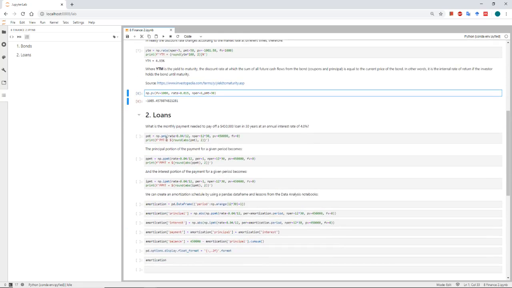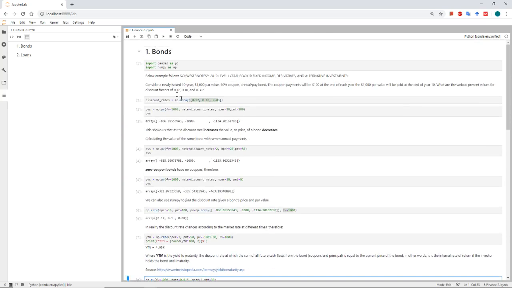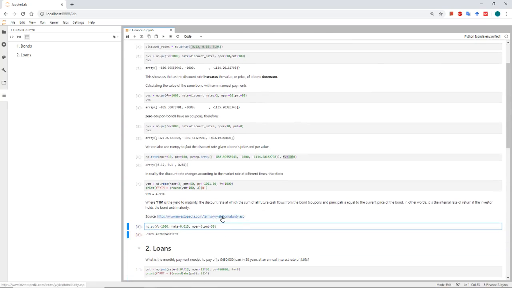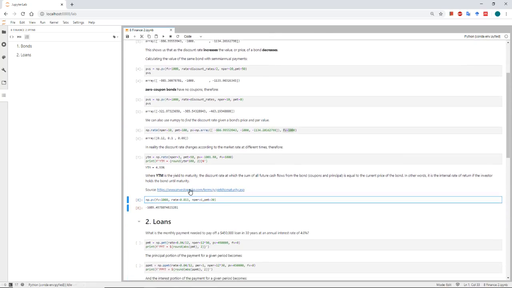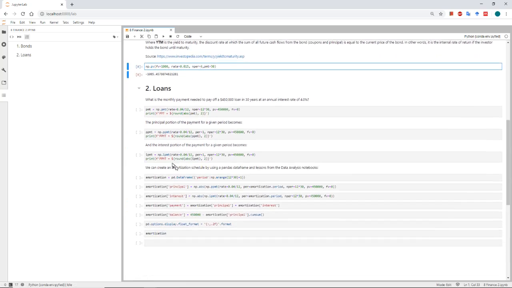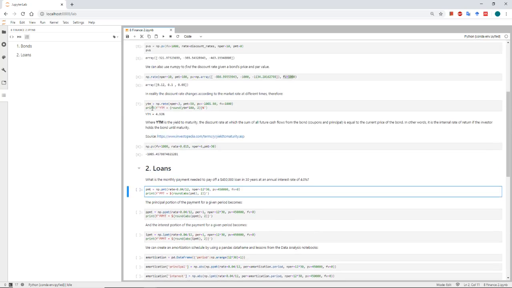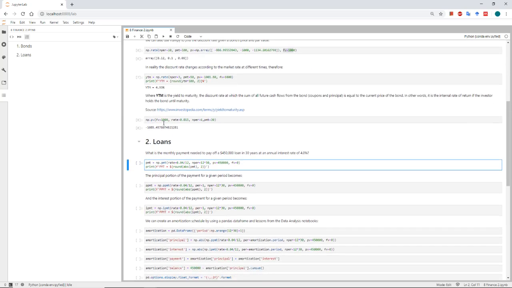Okay, so that was quickly doing some very introductory bond valuation. For loans, what is the monthly payment needed to pay off a $450,000 loan in 30 years at an annual interest rate of 4%?